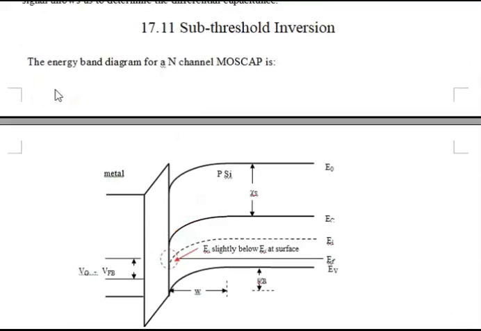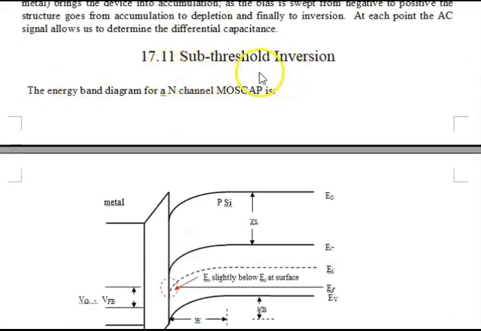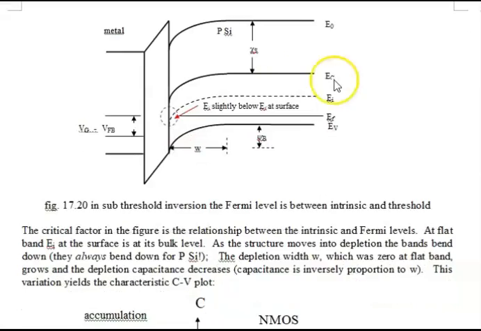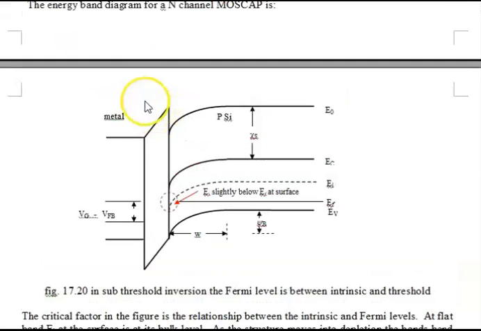So now let's talk a little bit about this subthreshold region, or the subthreshold inversion region. And let's look at the MOSCAP, the MOS capacitor. Notice that the bands bend in the oxide in the same direction that they bend in the silicon, and that's because they're passive elements.